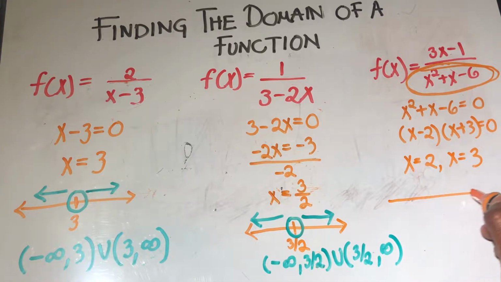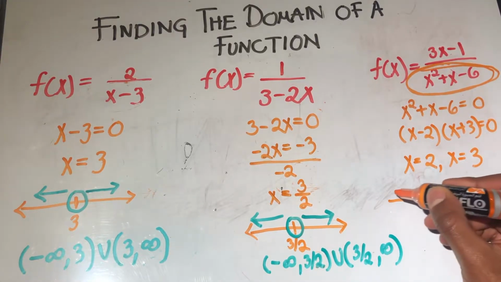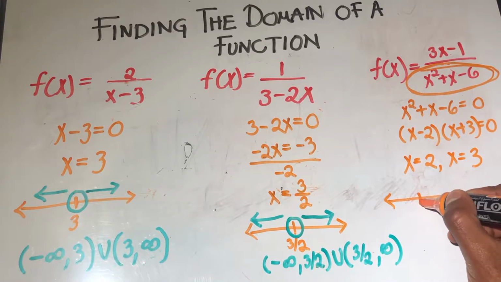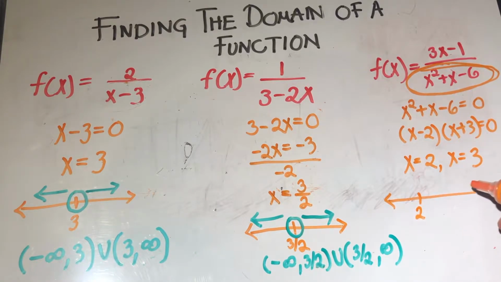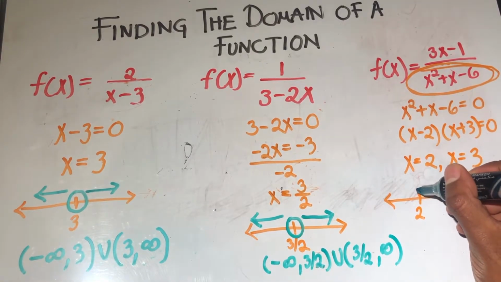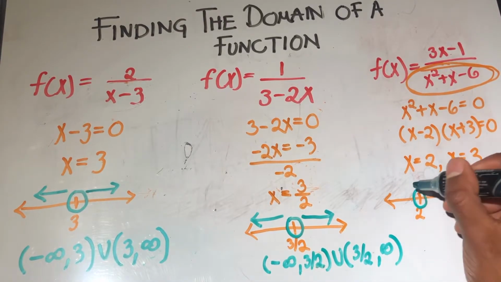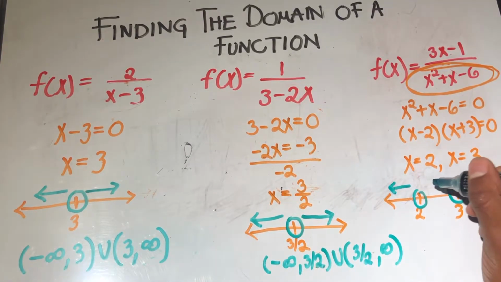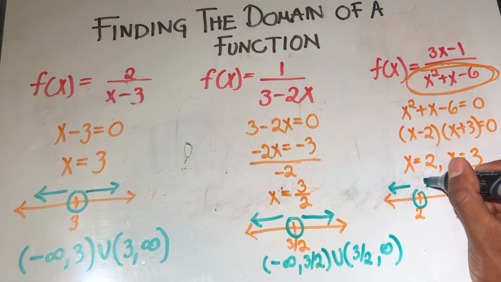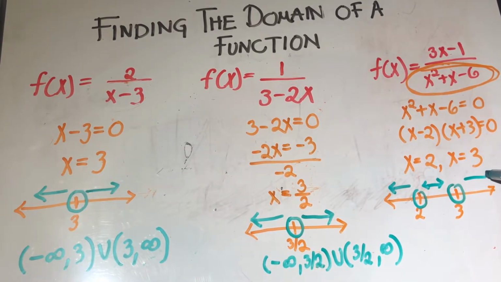Now constructing our number line, we have 2 and 3 with open circles, and then the domain is defined for all real numbers except for 2 and 3.